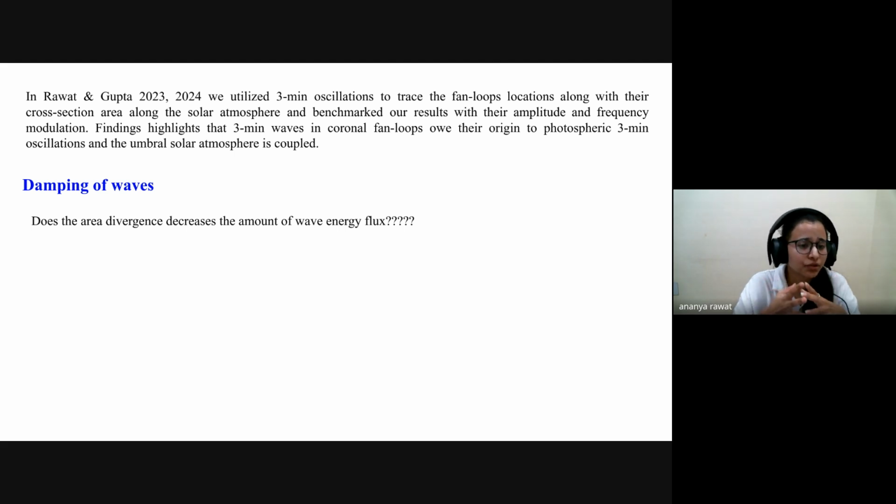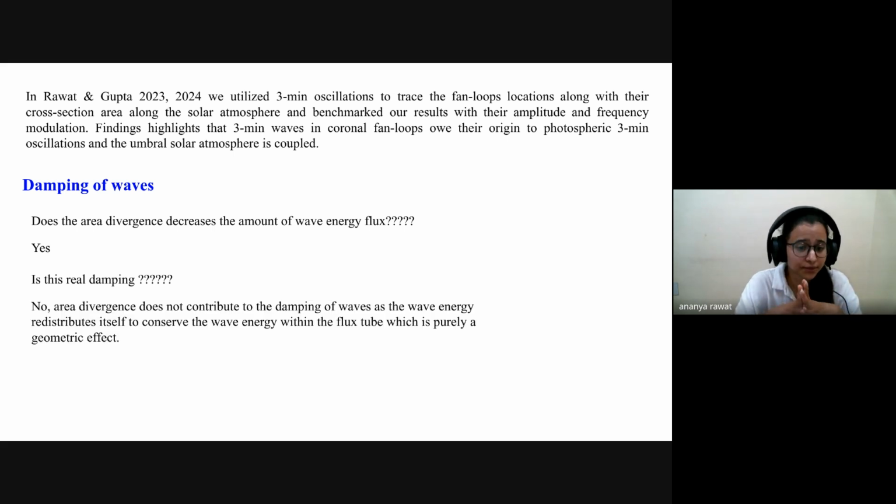So we need to explore: when we study the damping of these waves along this loop, will the area divergence affect the amount of wave energy flux which is propagating along the loop? The answer to this question is yes, it will. But whether that is a real damping or not is a question.